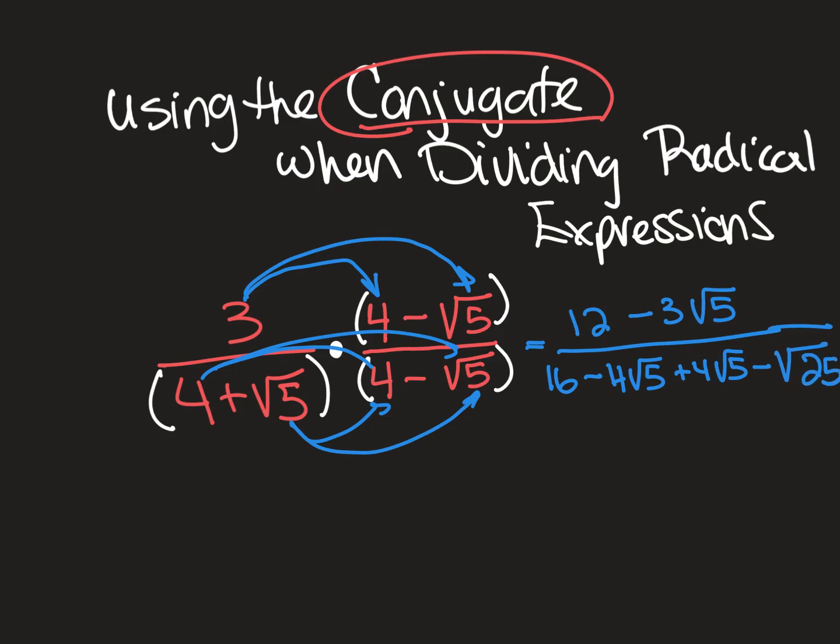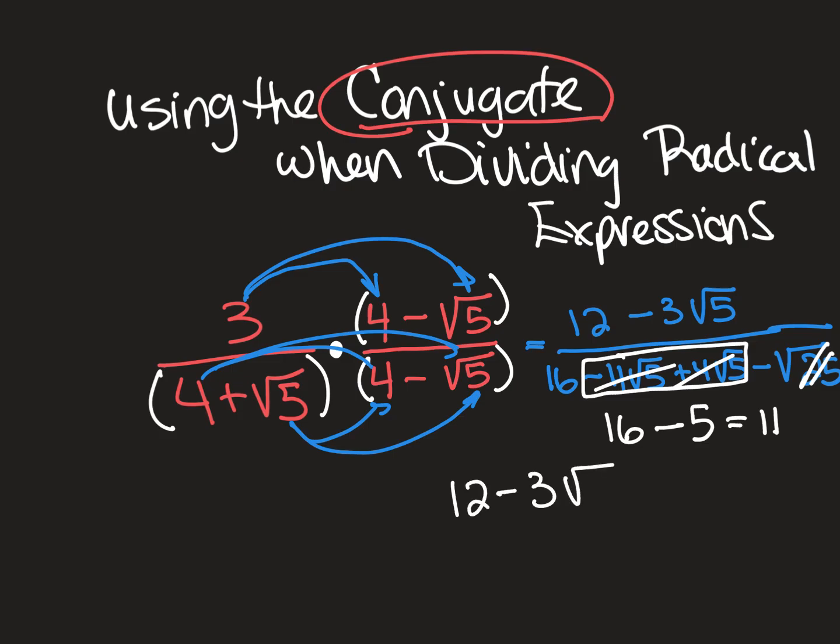So if I did everything properly, what should happen is these middle terms here should cancel out. A negative 4 and a positive 4, they're gone. 16 comes down minus, and what is the square root of 25? It's 5. So that gives me 11. So my final answer here would be 12 minus 3 square root of 5 at the top over 11, which is the bottom.